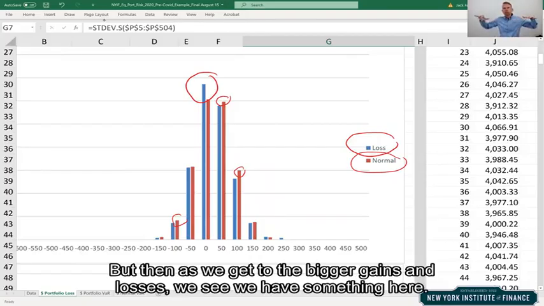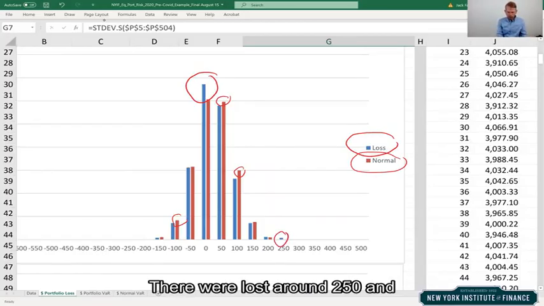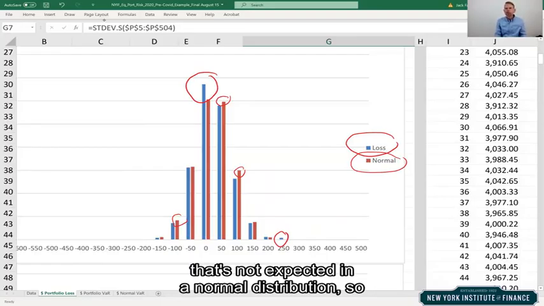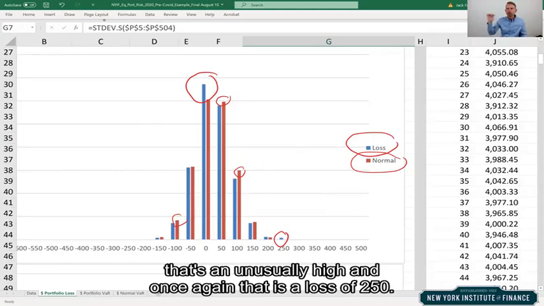But then as we get to the bigger gains and losses, we see we have something here, a loss around 250. And that's not expected in a normal distribution. So that's unusually high. And once again, that is a loss of 250.